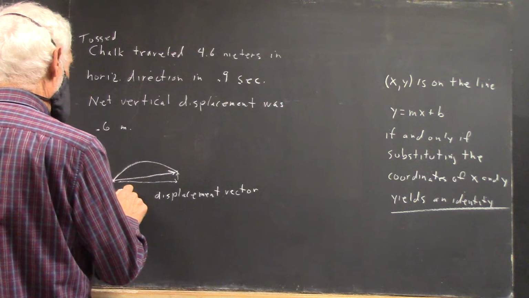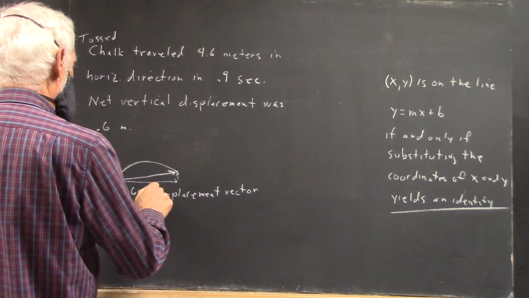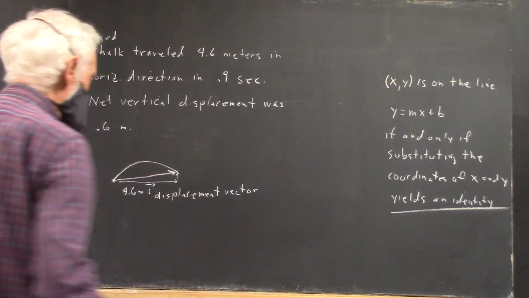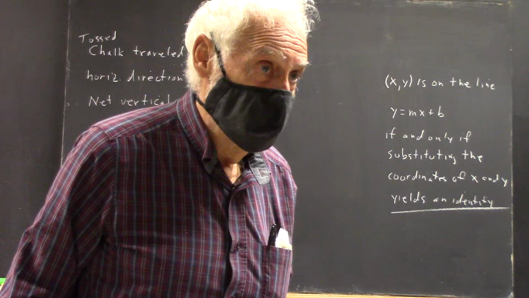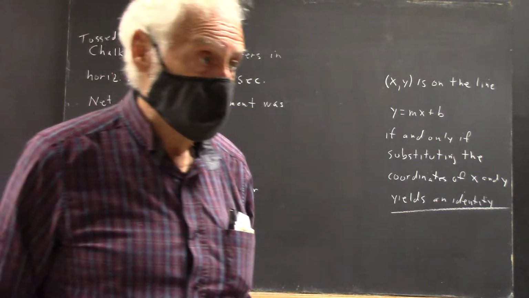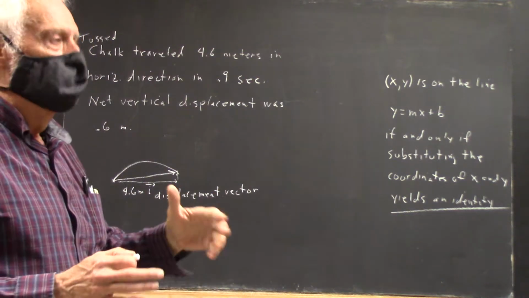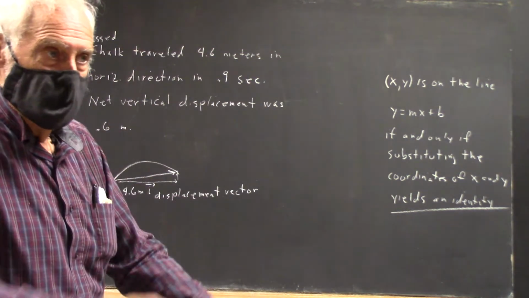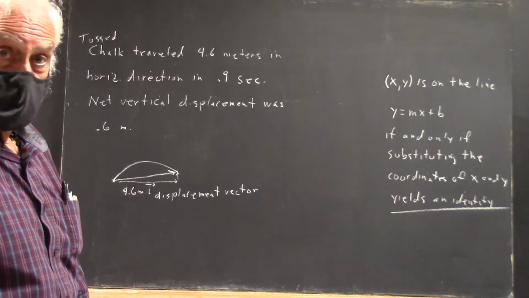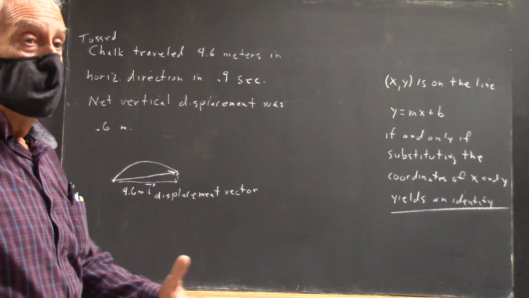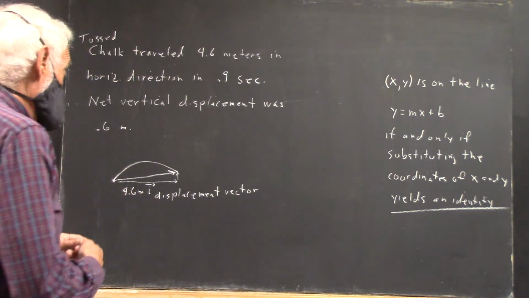We'll let the I direction be from here to there, okay? We'll let the J direction be upward. We could call that the K direction equally well, but since the entire motion is in a single plane, a vertical plane in this case, we don't need K. But if you like K better, you can use it. It works equally well.